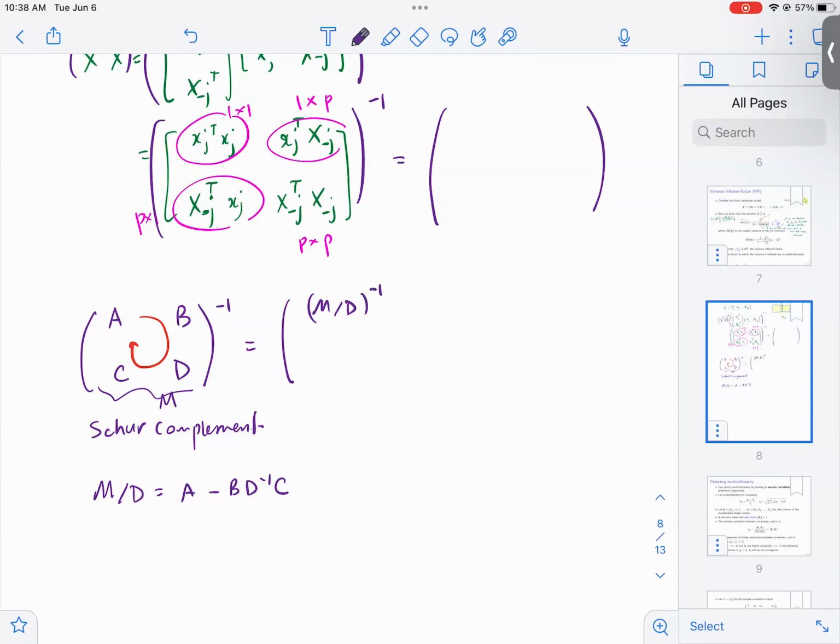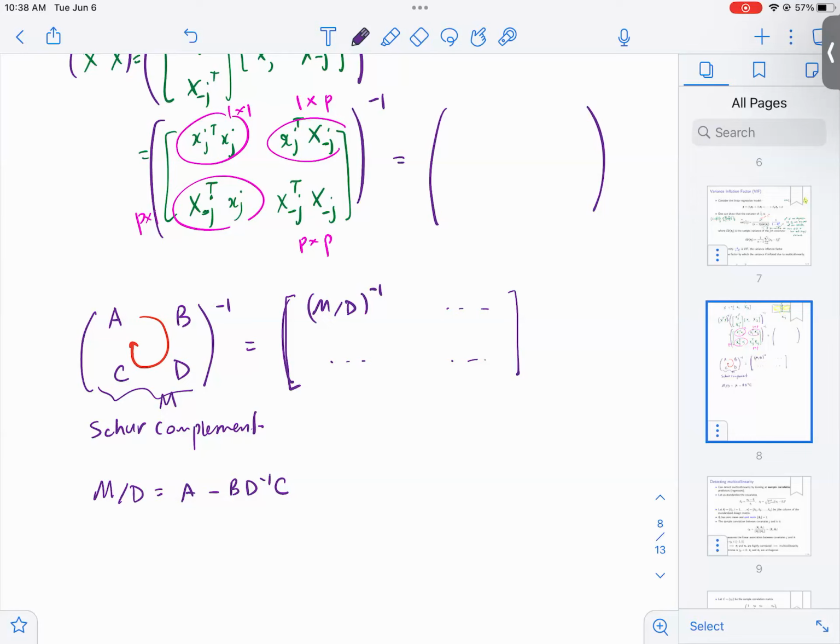Okay, so if D is invertible, we can form this Schur complement, and that will be the first block. The rest you can also write. It's not of concern at this moment for us, but the main point is that the inverse of that Schur complement gives you the inverse of the first block. In our case, the first block is 1 by 1, so that's also going to be 1 by 1.